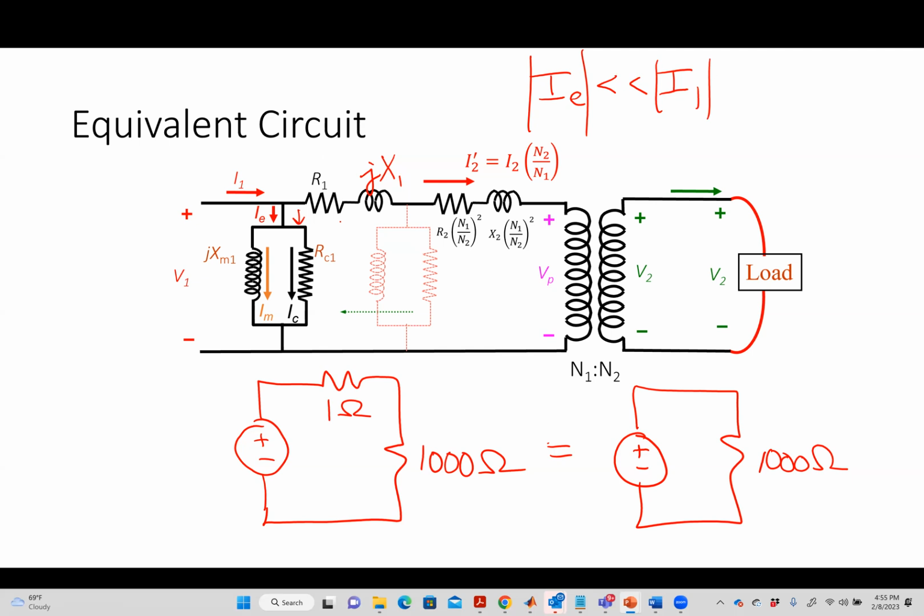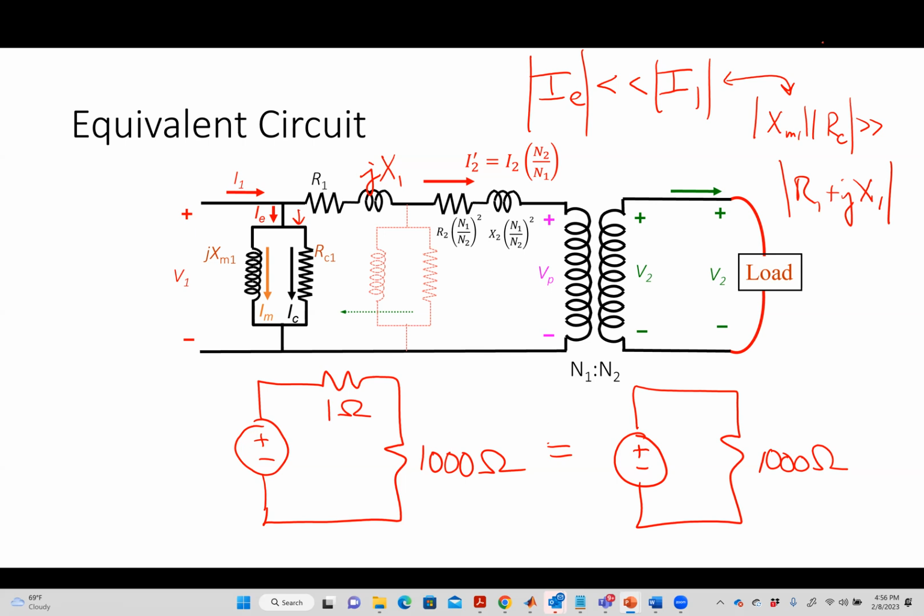This is just an approximation that only works if the magnitude of XM1 in parallel with RC here is much, much greater than the combination of R1 plus JX1. Basically, this set of approximations holds up. They're approximate, and we're going to do some numbers to see that those approximations make sense.